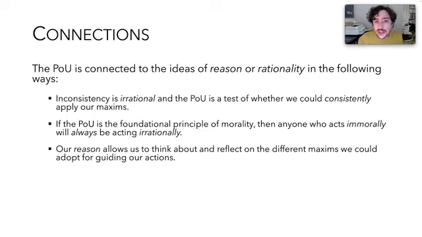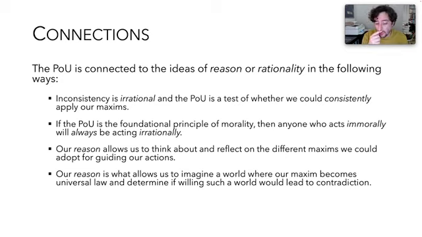But as rational creatures, we can stop and we can think about that principle that's guiding our action, and we can compare it to other maxims that we could adopt instead. All right. And then once we come up with these different maxims, we can imagine a world where our maxim becomes universal law and determine whether willing such a world would lead to a contradiction or not.